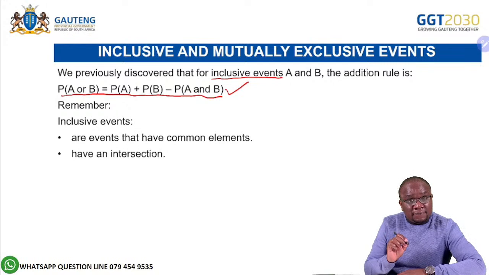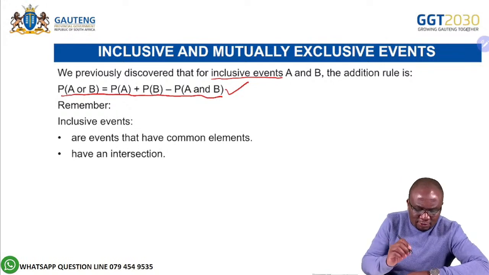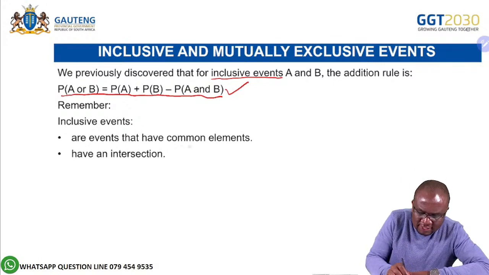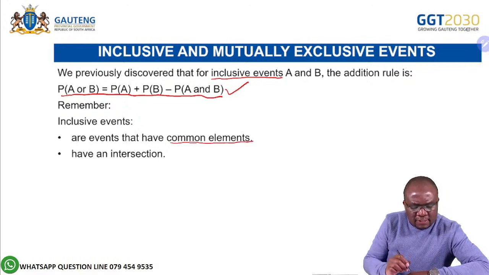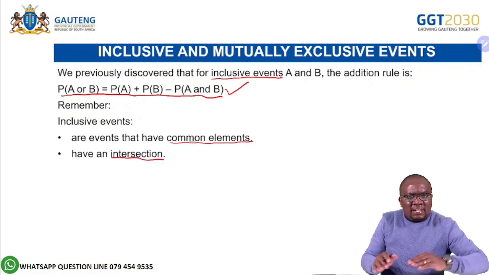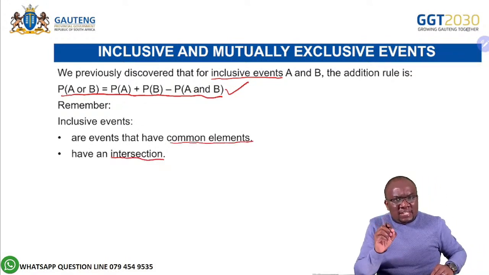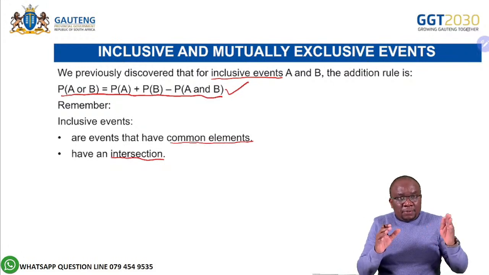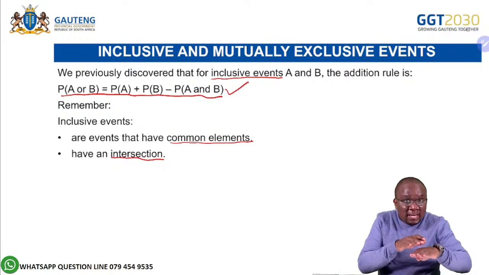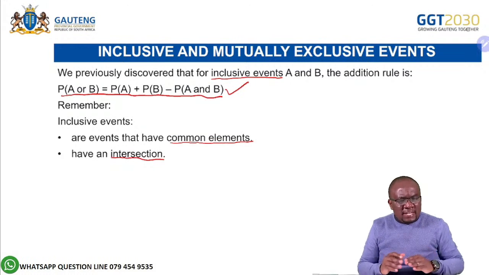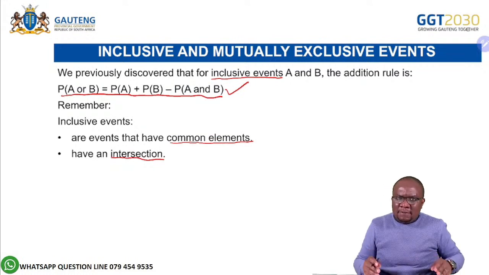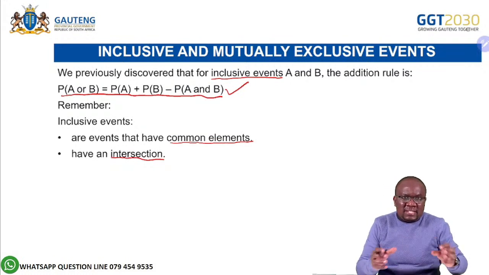So remember, grade 10s, inclusive events are events that have common elements. They have an intersection, they overlap. There is something which is in A and B, if you're talking about events A and B. It's not about events A and B every time. So I'm just using this as an example.